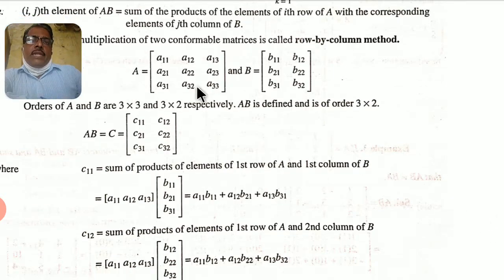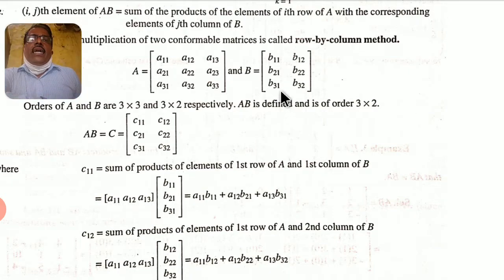Now this is matrix A and this is matrix B. We want to multiply these matrices, and here the number of columns of matrix A is equal to the number of rows of matrix B. So to multiply, we take the first row of the matrix A. So I write here A11, A12, A13.